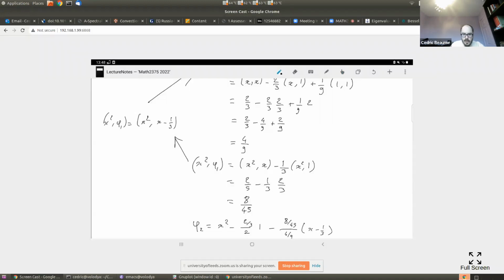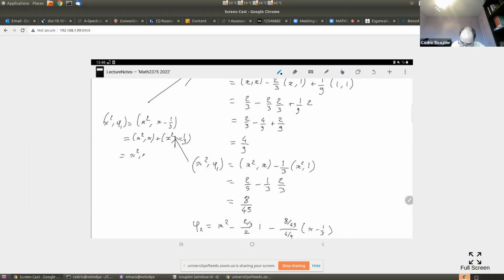Yeah, okay, cool. So that's what I have, but you can distribute these inner products. The way it's defined, you can distribute it. It's not a convolution product where you can't. This is defined as the product of two functions. So what that means is that here I've got x squared x, plus x squared times minus 1/3. Similarly, I can take out the multiplicative constant.